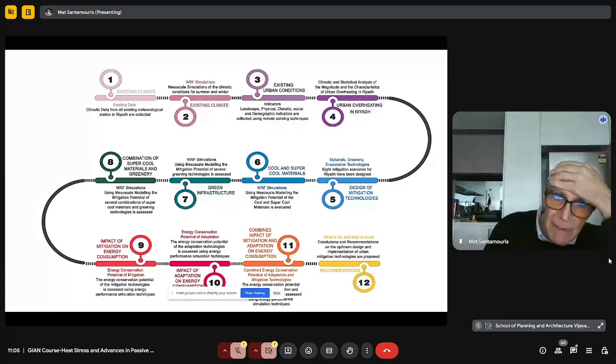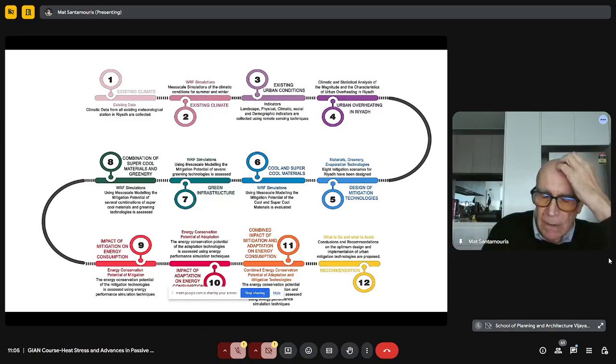So we have implemented mesoscale simulations in order to evaluate the climatic conditions during the summer and the winter period. And we have designed WRF, a mesoscale model for the whole city.